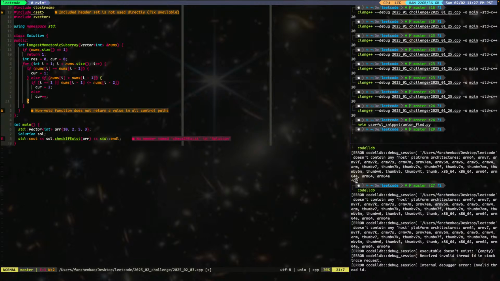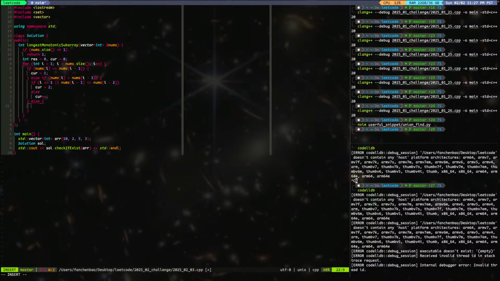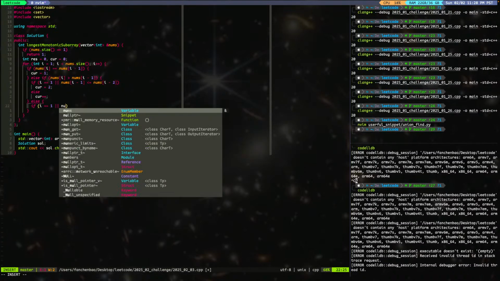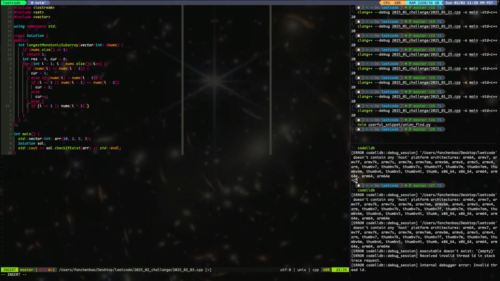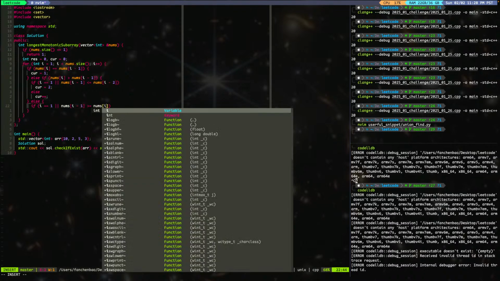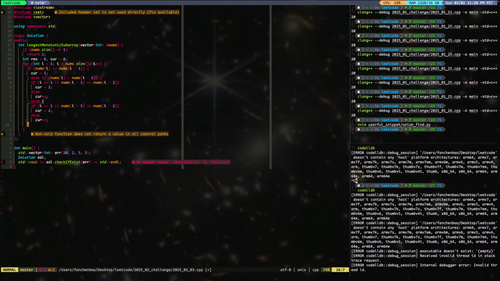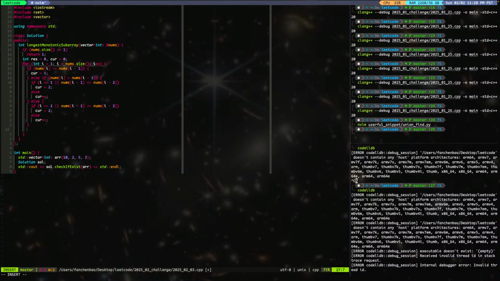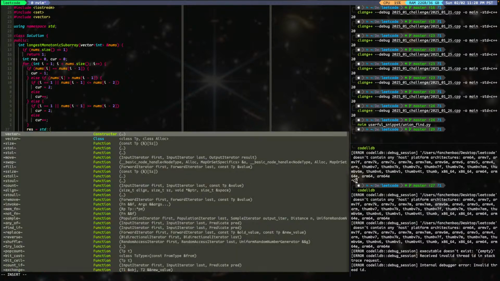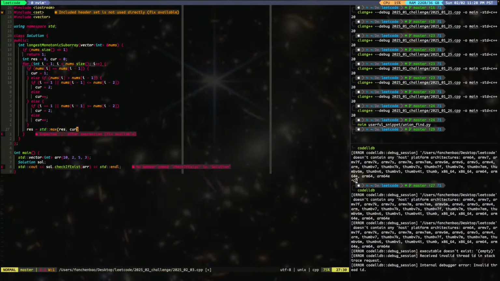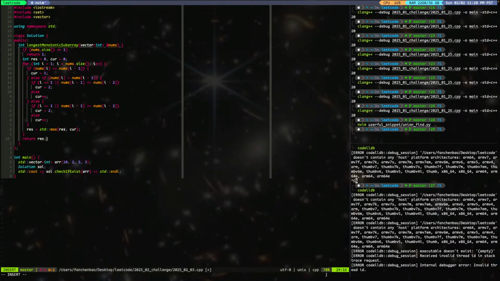So that's else if, and then we have else again: if i equal to 1 or nums[i minus 1] is larger or equal to nums[i minus 2], then current equal to the reset, else current plus plus. So when we get all of this done, we say res equal to std max of res and current, and at the end we return res. That shall do it.